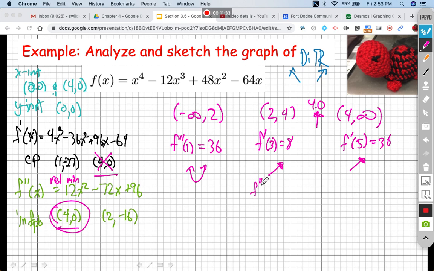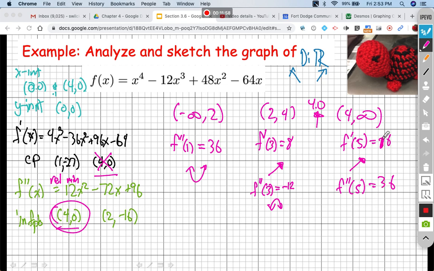We look at the second derivative at 3. We get a negative 12. So this is concave down. We look at the second derivative at 5. We get 30. Nope, this one was 16, not 36.